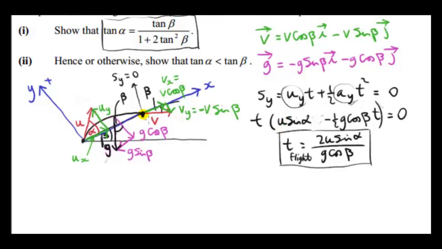So now we have the time for the particle to get to here. Now what happens just before the particle strikes? Well, its velocity is horizontal. So let's consider the y component of the particle's velocity as it moves.